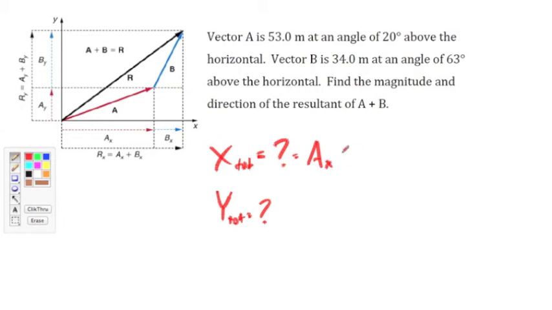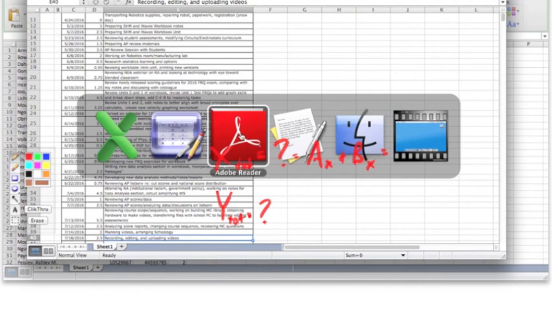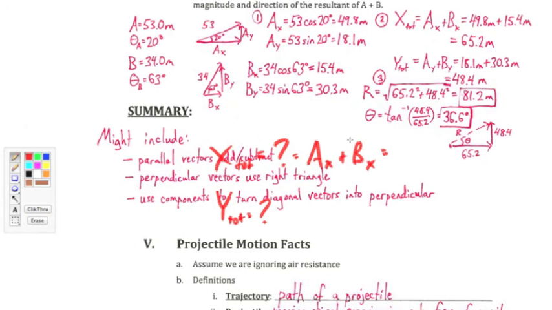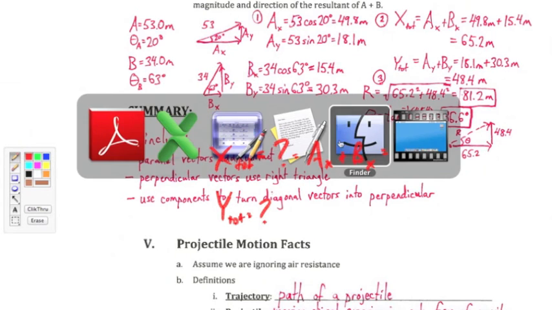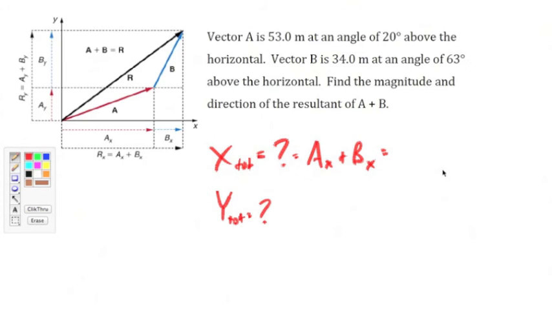So we had AX and BX: 49.8 meters and 15.4 meters. And so if I put those together, I'll end up with 65.2 meters.